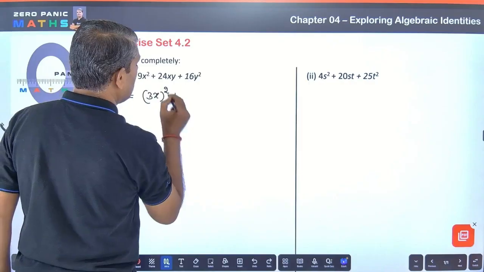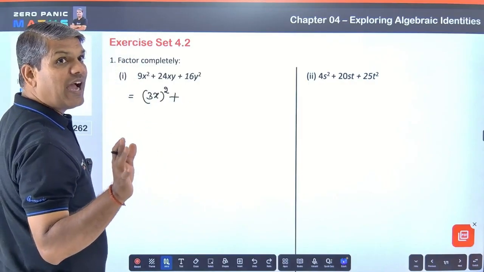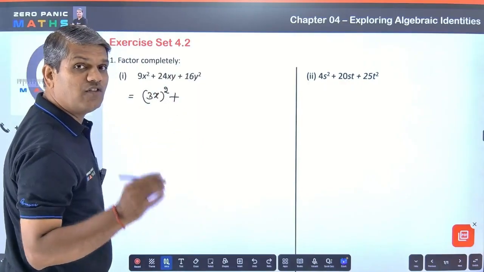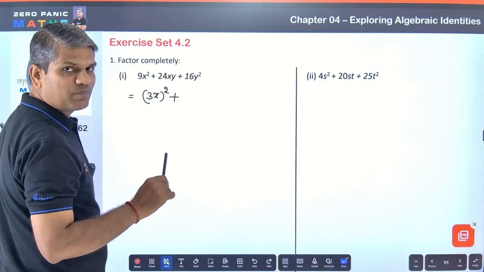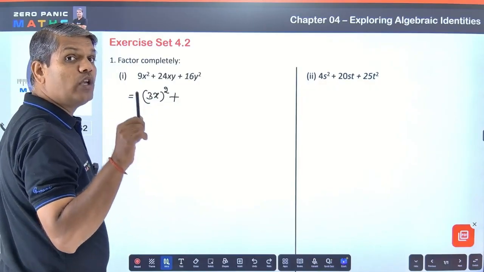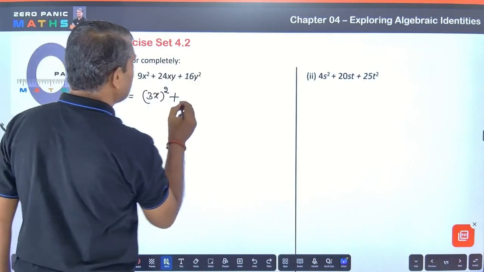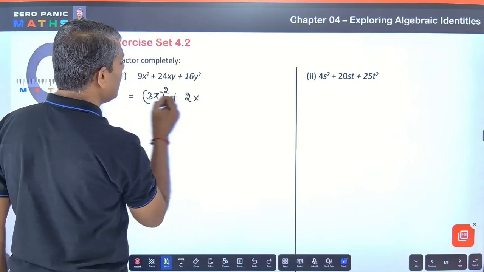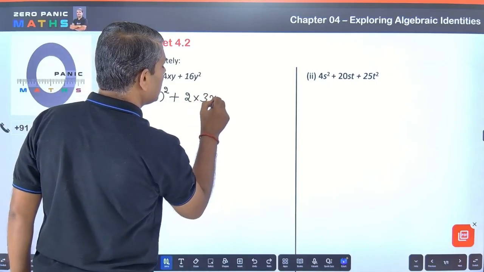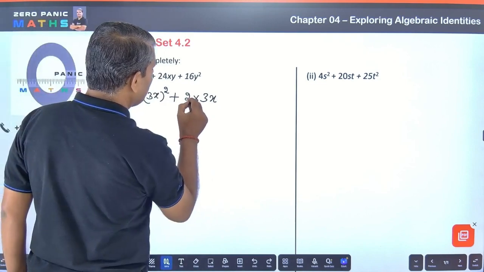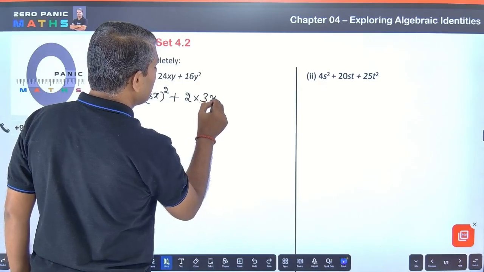What I am trying to do here is write this given expression in the expanded version of a plus b whole square. What is a plus b whole square? It is a square plus 2ab. So I have written a square. Now I write 2a. What is the value of a? That is 3x. So now I have 2 into 3, that is 6x.